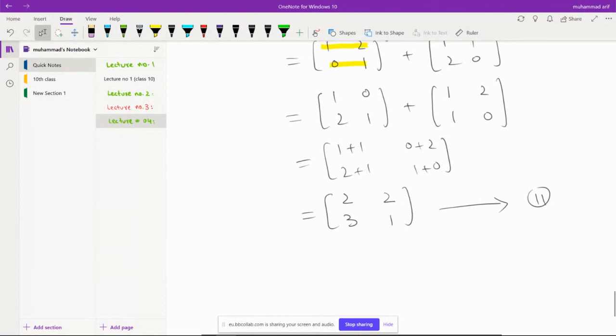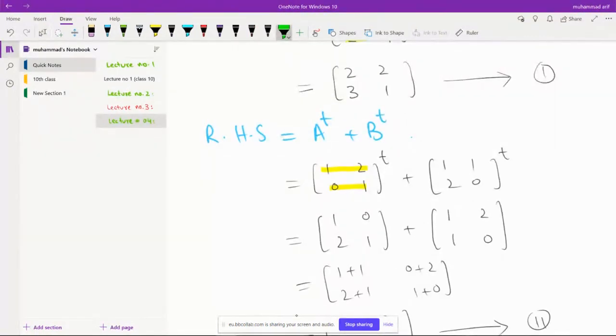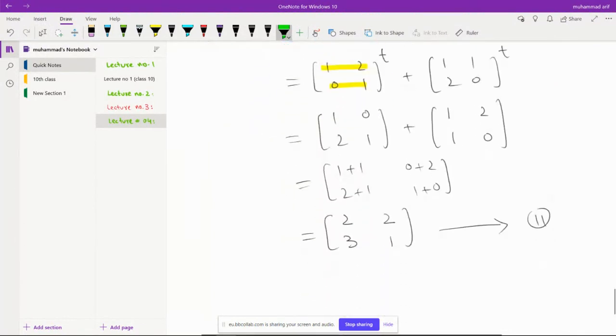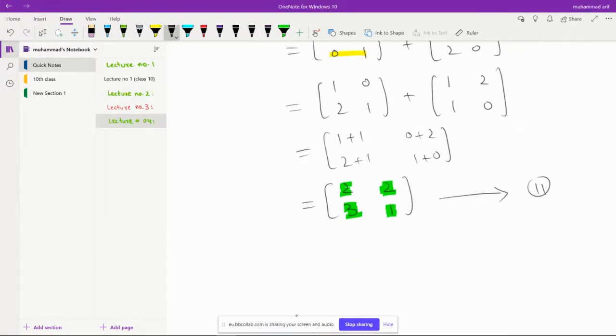From equation number 1, we see that it becomes 2 2 3 1. In equation number 2 it becomes 2 2 3 1. That is, answers are same.